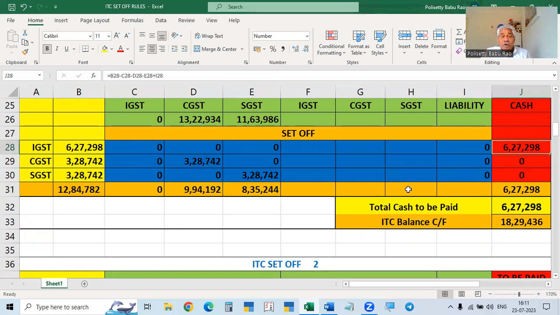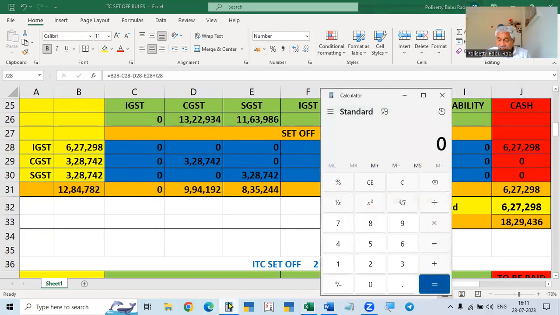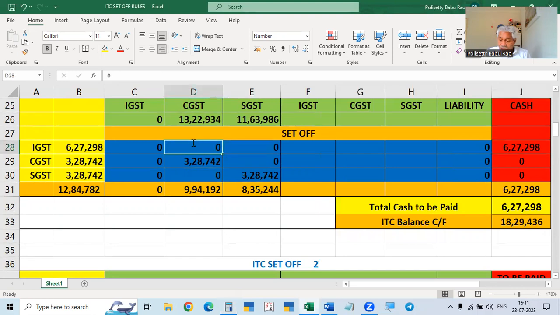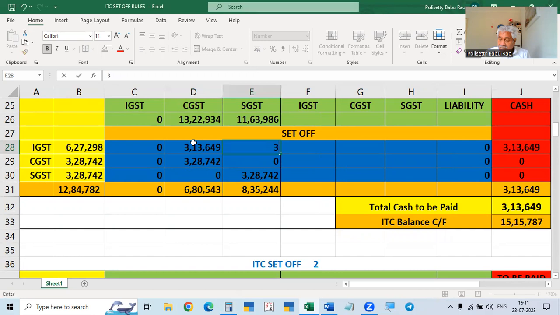Now this amount is to be adjusted. So here we can take 627,298 by 2, so 3,13,649 for this, and 3,13,649 for this.